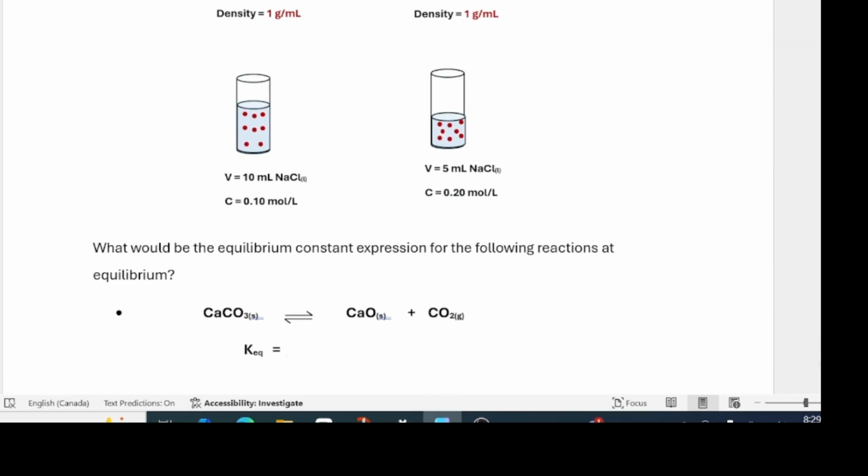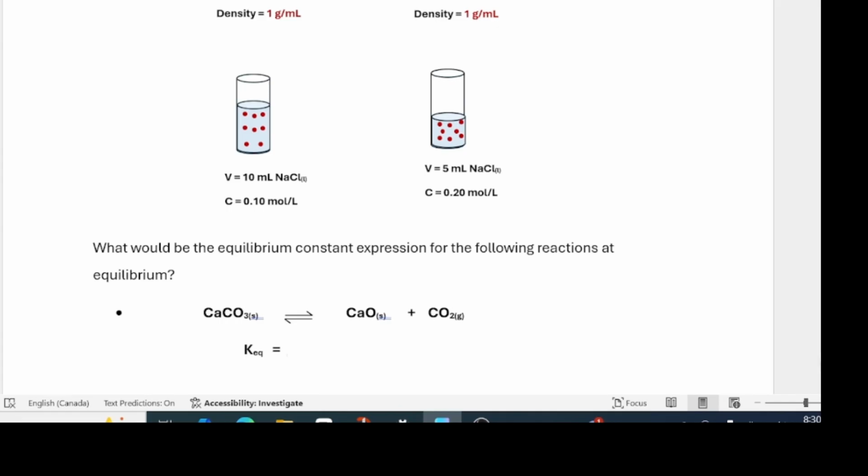However, if we have 10 milliliters of 0.1 mole per liter sodium chloride solution, and we evaporate 5 milliliters of water from it, we will now have only 5 milliliters remaining. When you do the calculation, you will find that because you have the same number of moles of sodium chloride in both cases and less volume here, half the volume will give you twice the concentration.